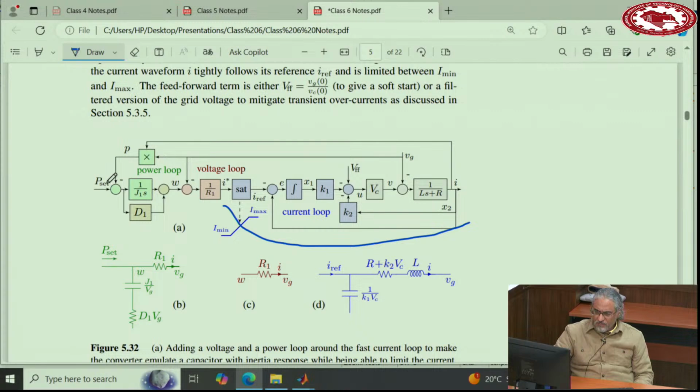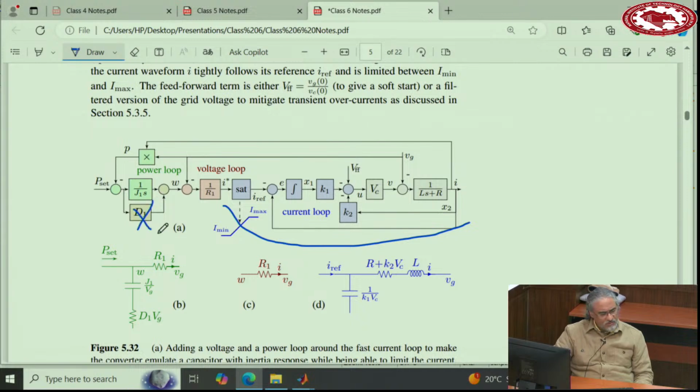Say, set point of power minus the actual power, or you can say current, but power doesn't matter, because current is already limited. We don't need to talk about current, so you can safely go and talk about power, because our final objective is to track the power. So set point of power minus the actual power, pass it through a capacitor. Forget about this now.